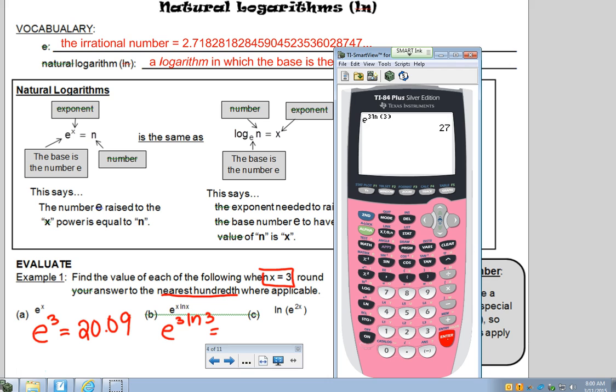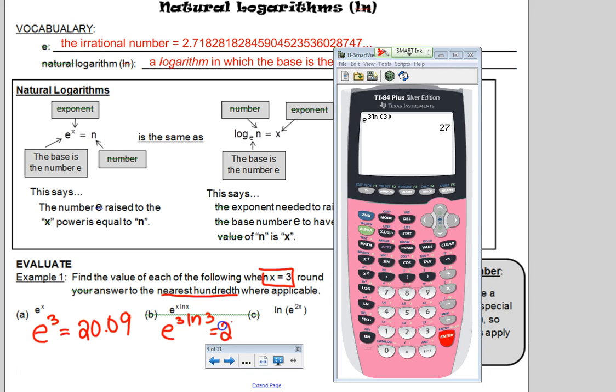And this is 27. What's happening is the e to the ln of 3, if I apply that power first, actually is a 3 because e and ln cancel, and then 3 raised to the 3rd power is 27. So that's what's going on, but you can just use your calculator.